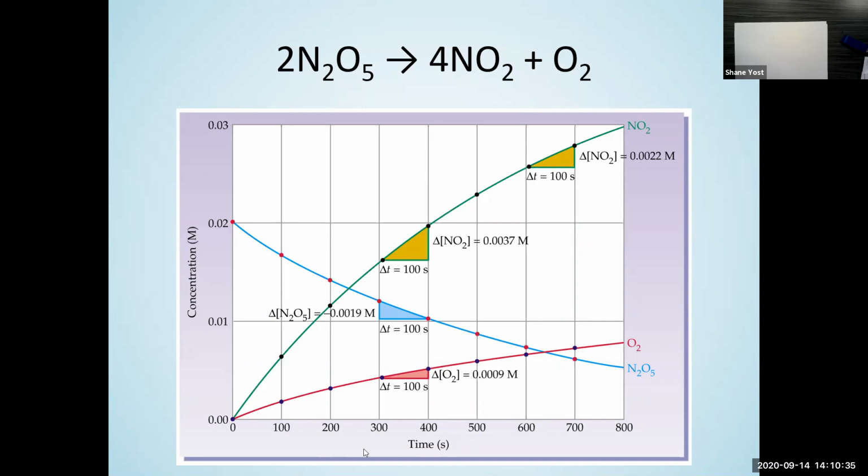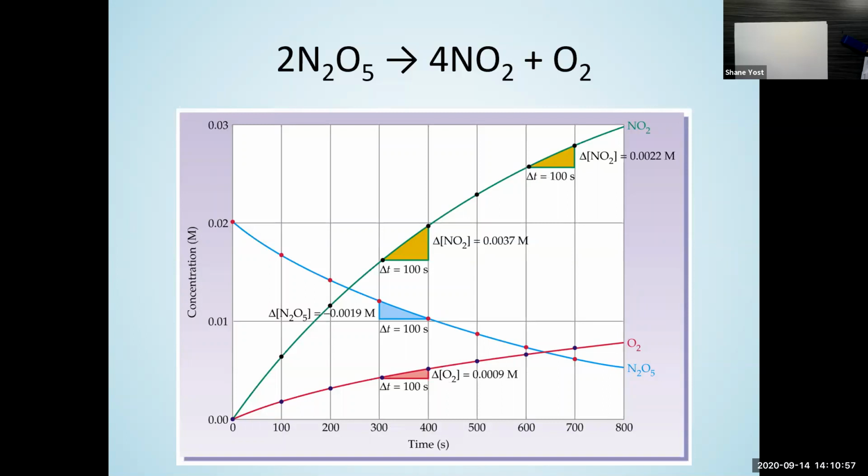So given the data in this picture, and looking at this time interval from 300 to 400 seconds, what is the rate of consumption of N2O5 over that 100-second time window?